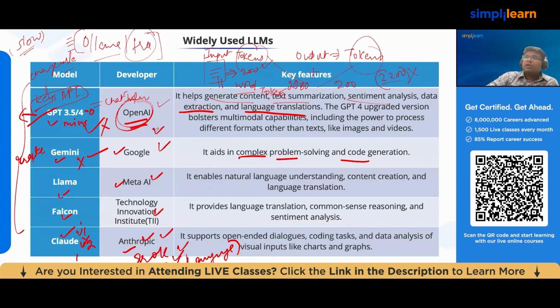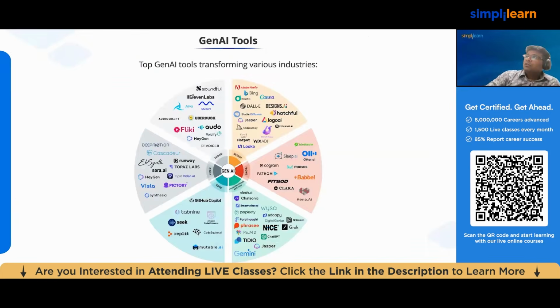Over time they would decrease their charges, because all these companies are coming and they would be part and parcel of our life in the coming months or years, and they would be free of cost because their cost would be minimal. That is what tech enthusiasts and tech-savvy people are trying to predict. Now let us see how these top Gen AI tools are transforming various industries.